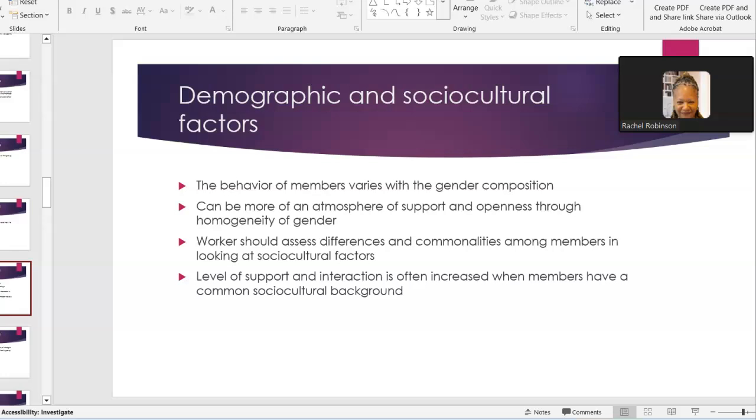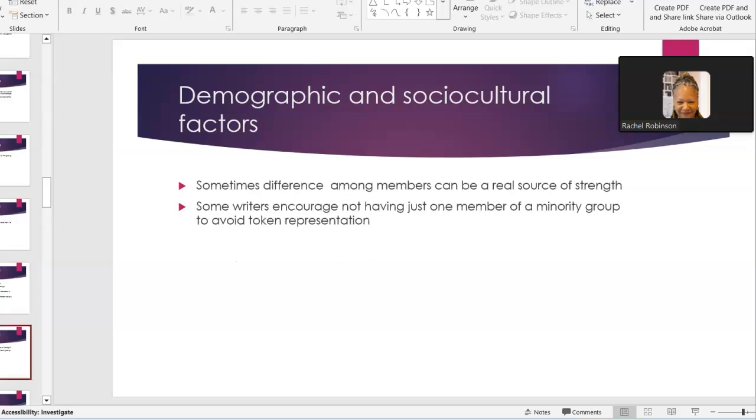There can be some differences in terms of gender composition. It looks like Nancy's caseload is primarily women, so you want to look at that. Are there more commonalities or differences that you need to address? Level of support, how does that get addressed? If you have common sociocultural backgrounds, so are all of the women coming from a similar or the same sociocultural background?